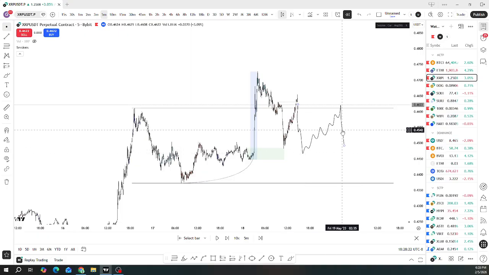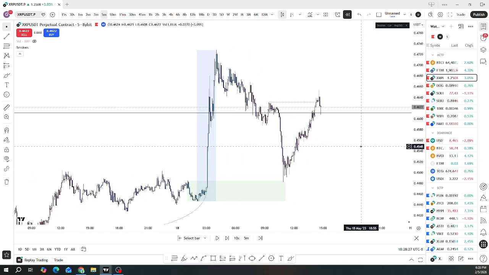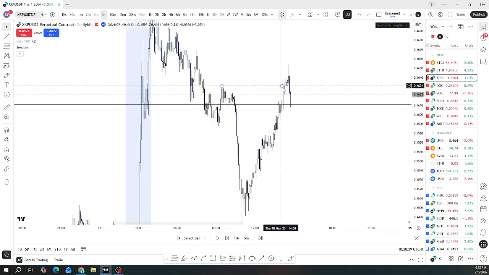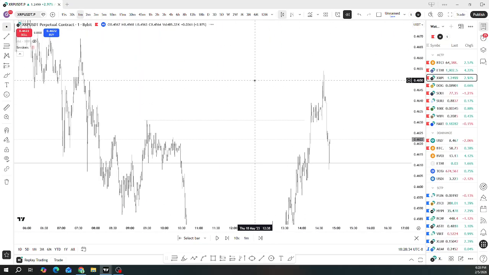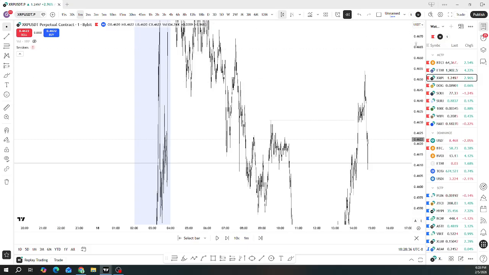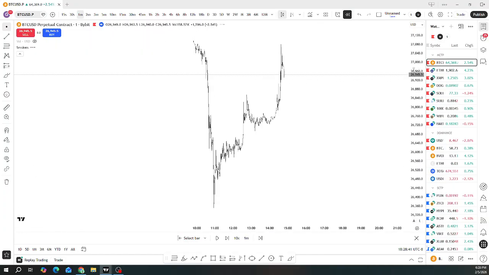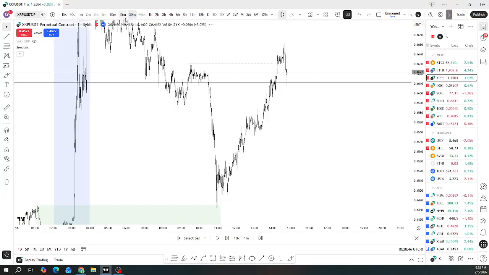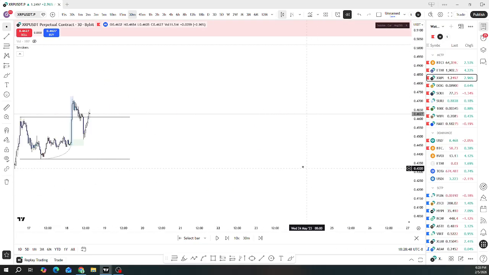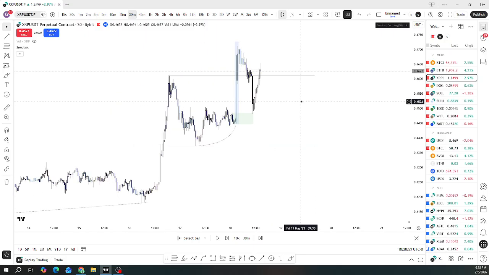Doesn't even need to sweep that low necessarily, but... yeah. It's not the highest quality third tap POI there.